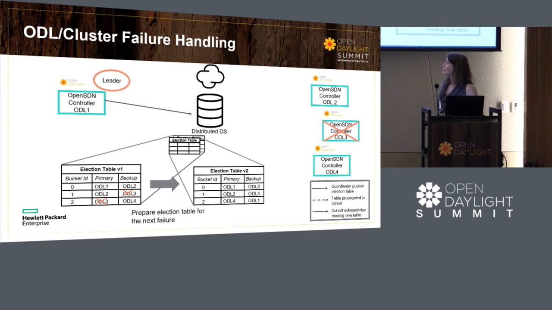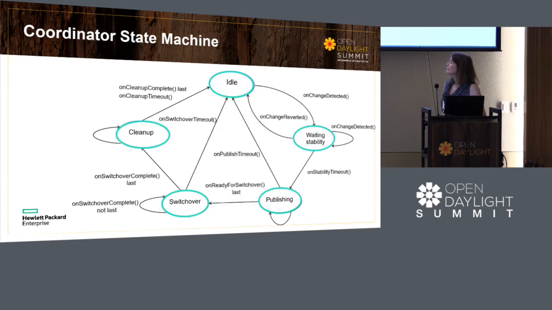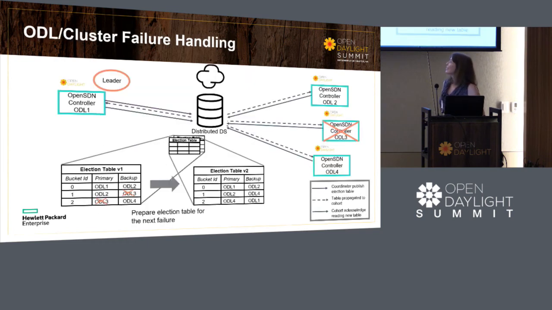So in the same procedure as before, all the other controllers read the updated table, acknowledge that the new table has been written, and now the new election table becomes operational.